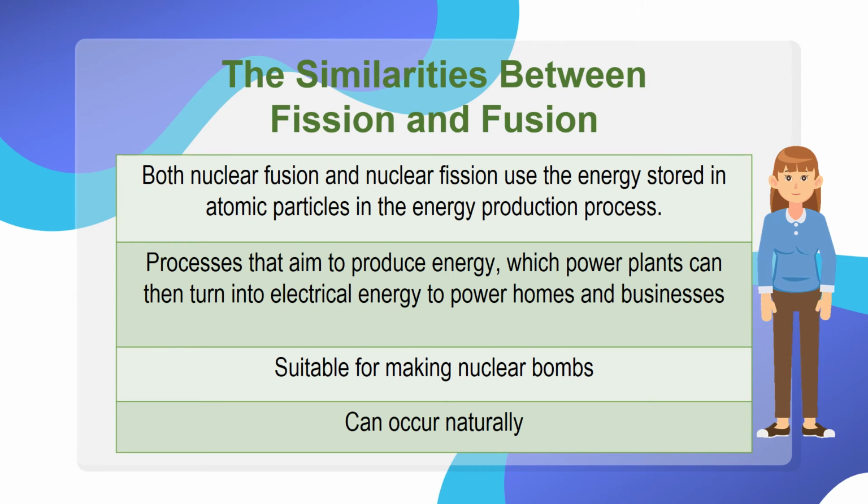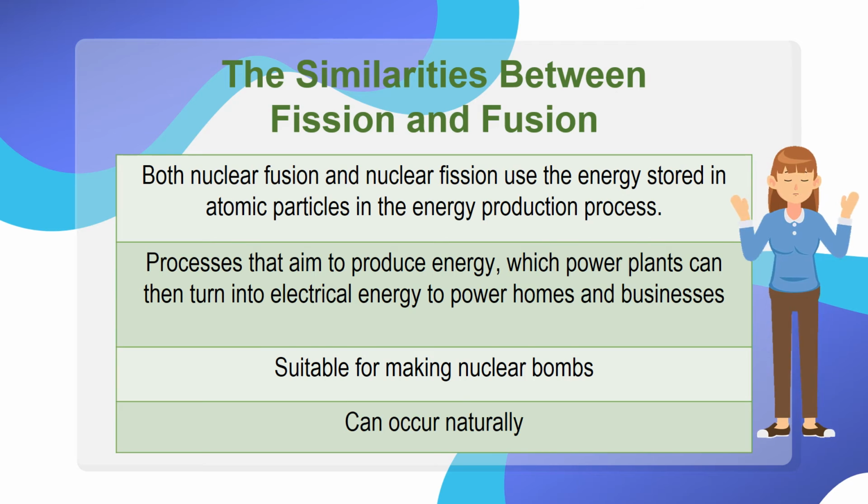These particles use electric charge and other forces to stick together as an atom, unless energy is introduced from another source, in which case the atom can break up in the case of nuclear fission or join together in the case of nuclear fusion. When an atom changes itself during a nuclear reaction, it releases the energy that previously was used to hold the particles together or keep them apart.